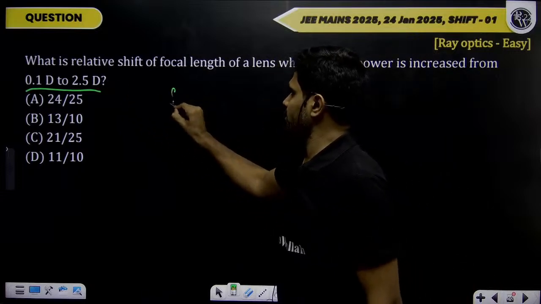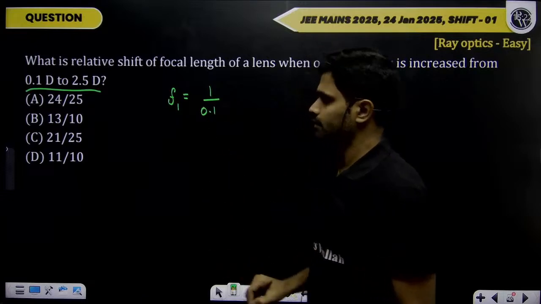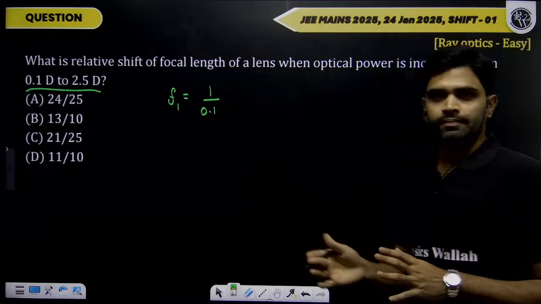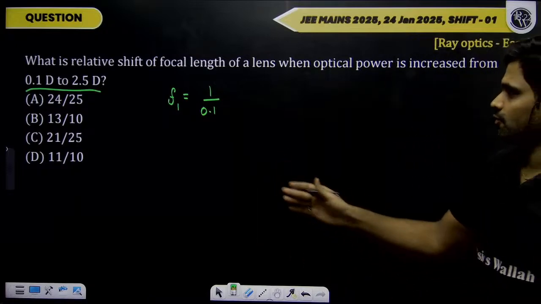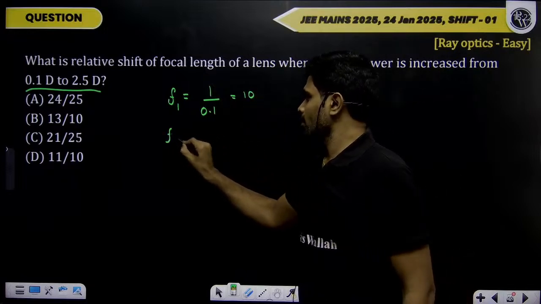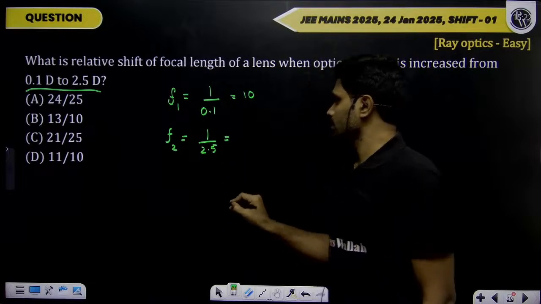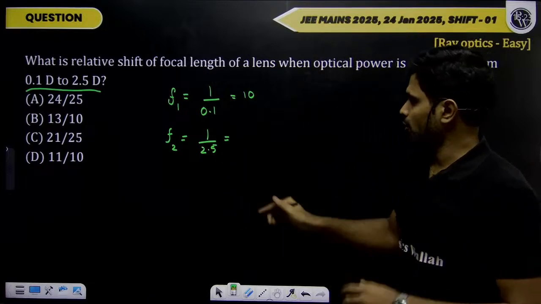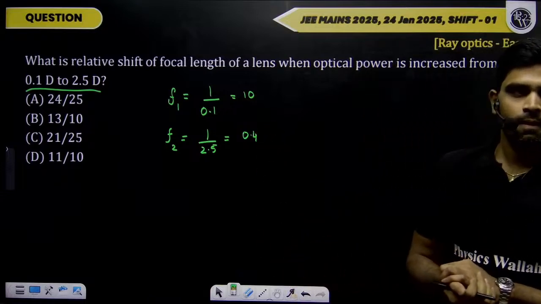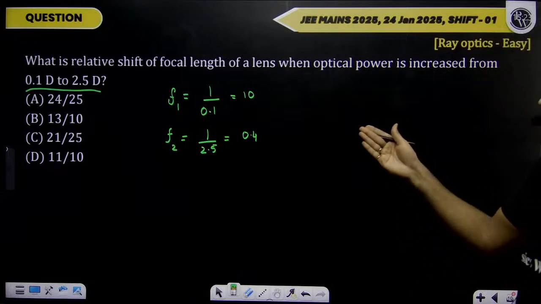So what is F1? F1 is 1 by 0.1. What is the relation between power and focus? This is a standard formula. Power and focus are inversely related. Focus is 1 by power. So F1 is 10. F2 is how much? 1 by 2.5, which is 0.4, 2 by 5. They are asking relative shift in focal length, not shift in focal length.